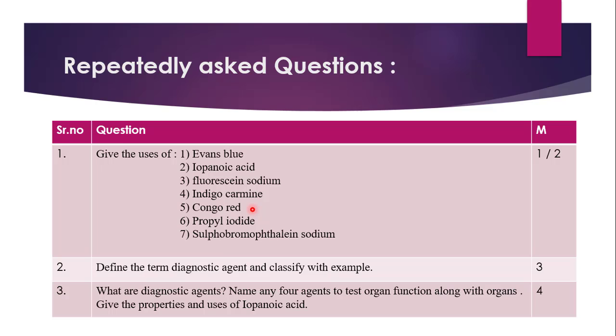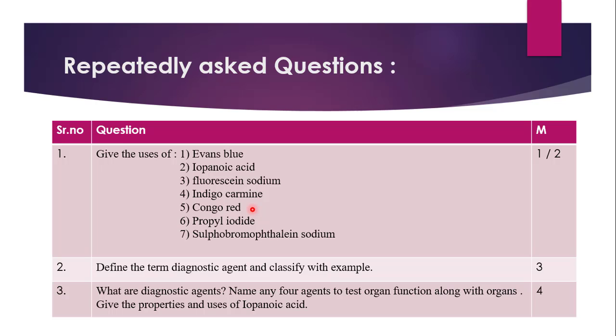Then indigo carmine, it is again from the functional capacity of the organ class. It is used for kidney function test. Then Congo red, again it is from the miscellaneous class, from the same second main class, that is functional capacity of the organs. Then propyl iodide. Propyl iodide is again a water insoluble contrast media only, like iopanoic acid.